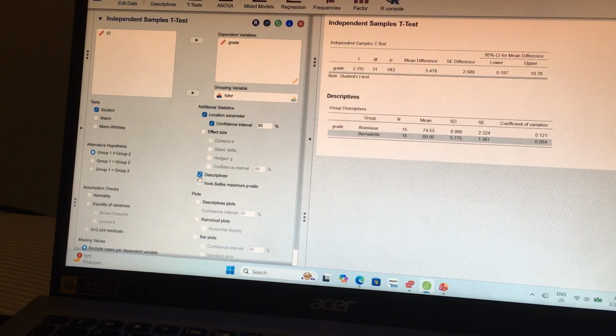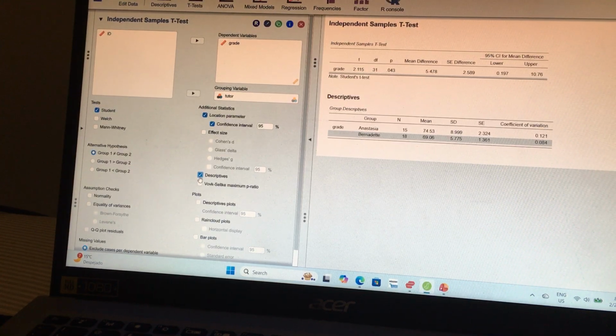But in this case, we are 95% confident that the difference between the two population means is between 0.197 and 10.76 points. In any case, the difference between the two groups is just barely statistically significant, as our p-value is 0.043.